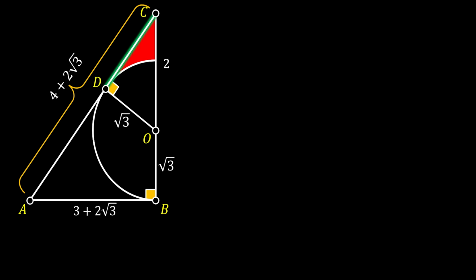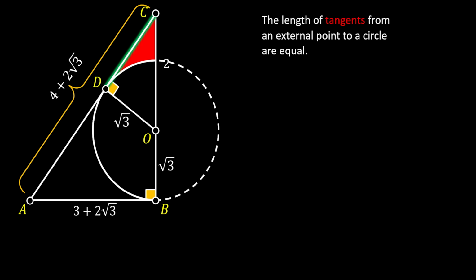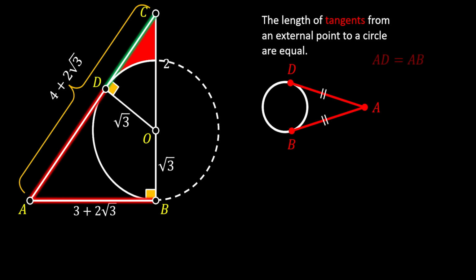Well, we can use another circle theorem, which states that the lengths of tangents from an external point to a circle are equal. So, if I label all the points on the right the same as the points on the left, you can see that the lines AB and AD will have the same length. So this means that line AD also has the length of 3 plus 2 square root of 3.